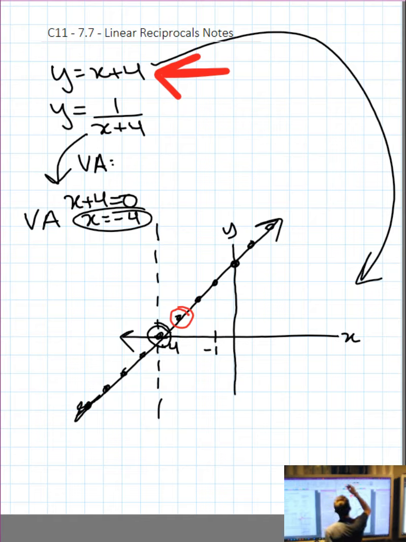Because when this one, the one at the top, has a y value of 1, again, down on the graph in red, a y value of 1, well, then this one will also have a y value of 1. So this red point here is called an invariant point. It's a point that does not change.